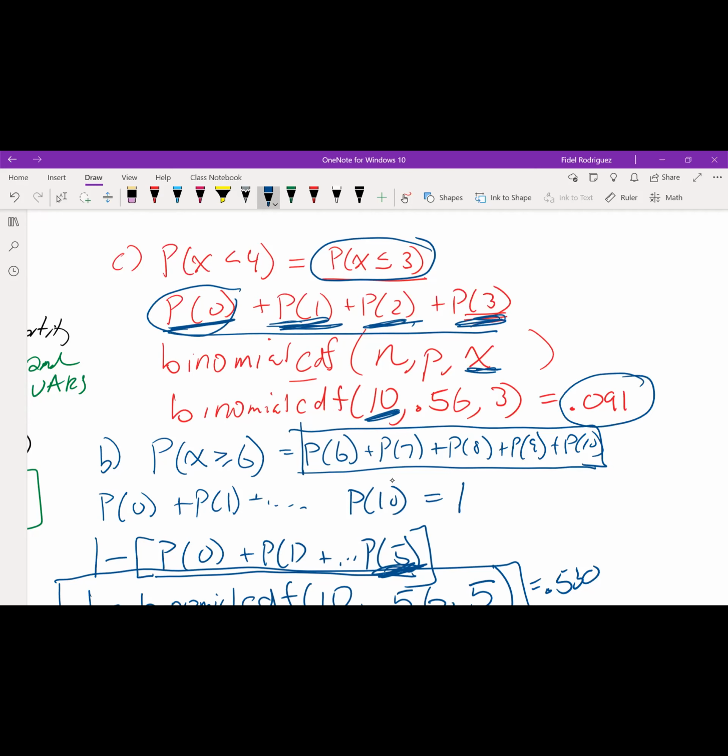So what the CDF does is, when you have something starting from 0 ending at a particular number, you can use the CDF and it will automatically take all those values, four values in this case, and add them all up for us. Does that make more sense?